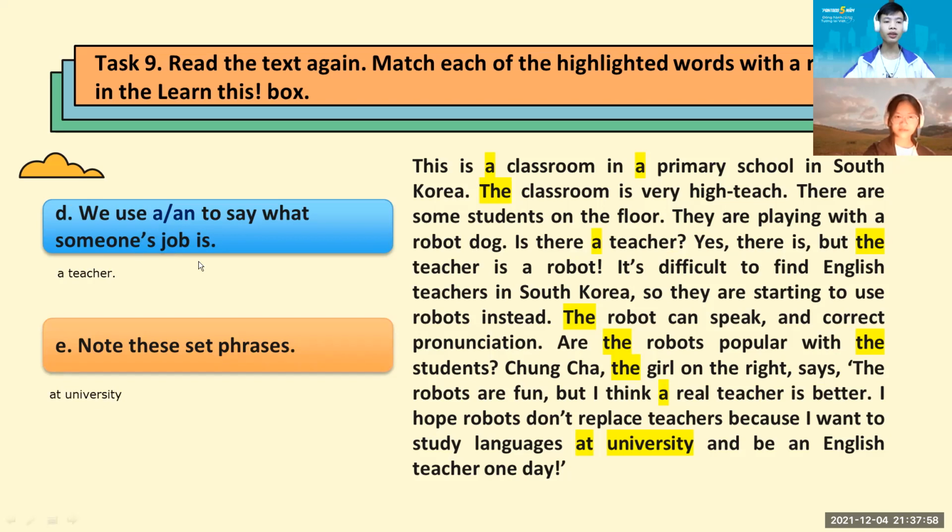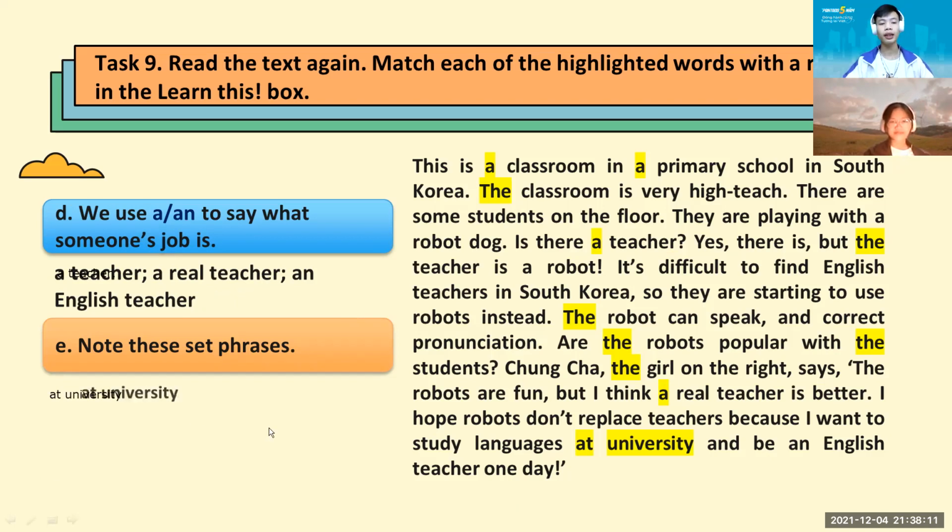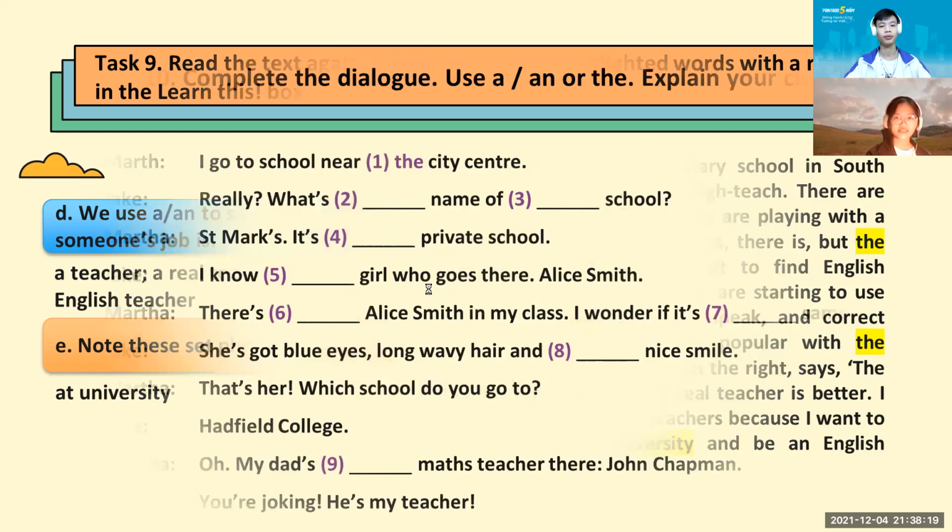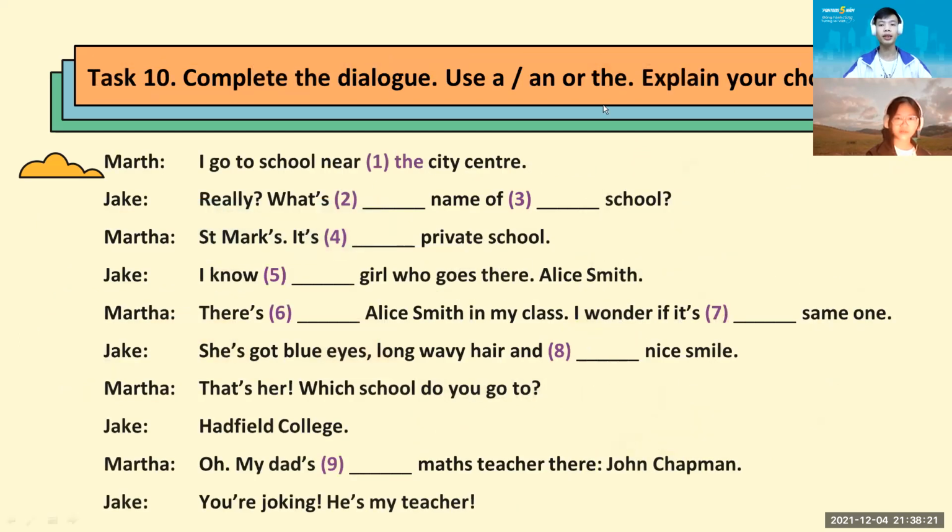We use a or an to say what someone's job is: a teacher, a real teacher, an English teacher. Note these set phrases: at university. Okay, understand it? Yes. Now let's complete the dialogue. Use a, an, or the, and explain your choices. Okay.